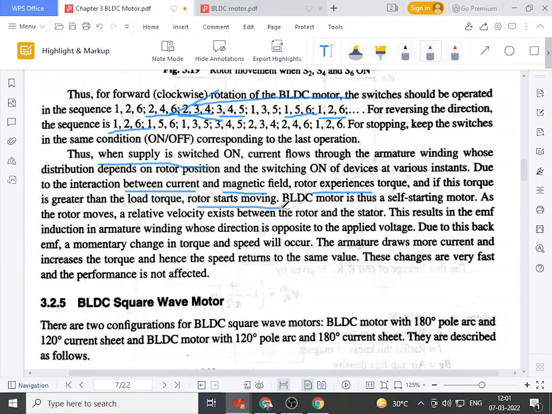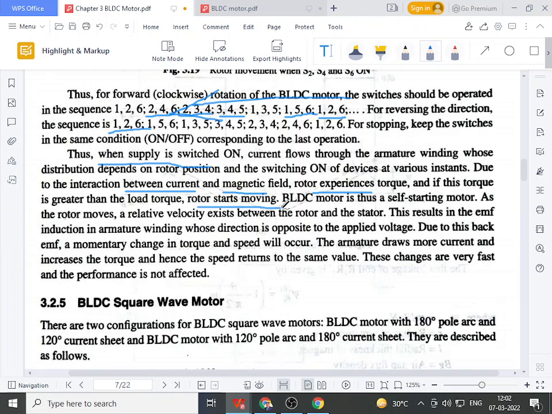So when we start that synchronous motor, whose synchronous speed is 1500, initially we have to bring the rotor to 1500 RPM with the help of some auxiliary means. Generally we use an auxiliary motor to drive the rotor at a speed of 1500 RPM. Once the rotor rotates at 1500 RPM, we excite the field winding.